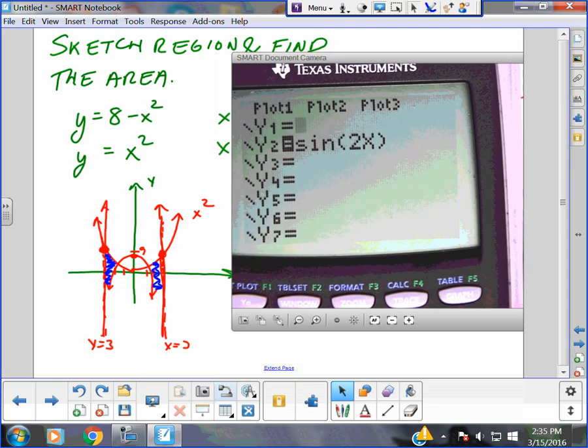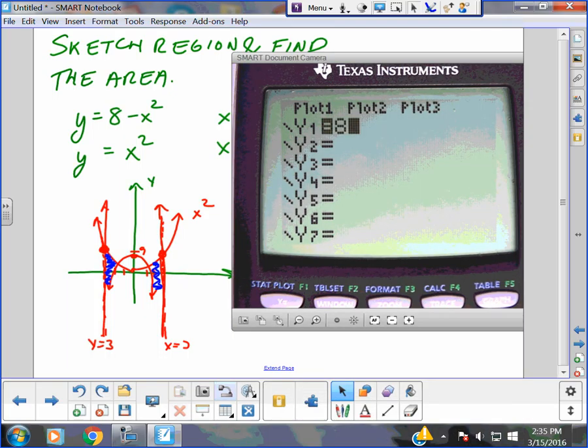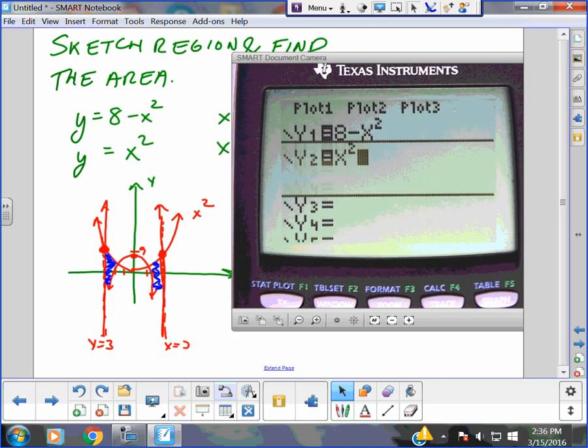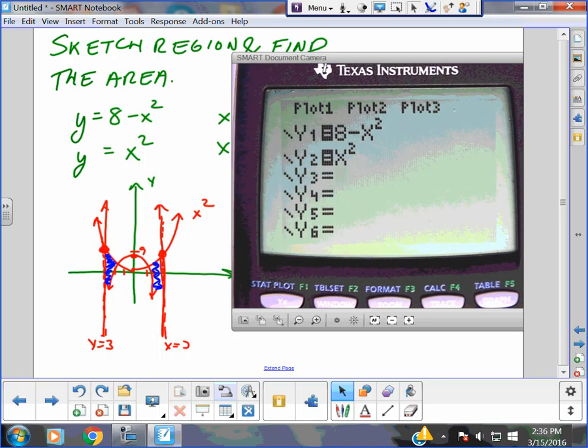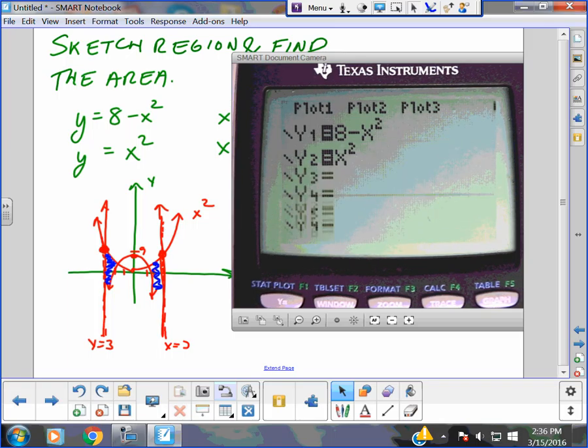Clear all my old functions from other classes, and put in 8 minus x squared, and x squared. I'm not really good with these calculators, guys.